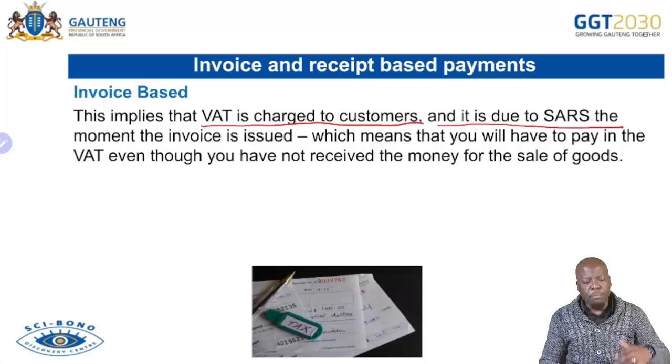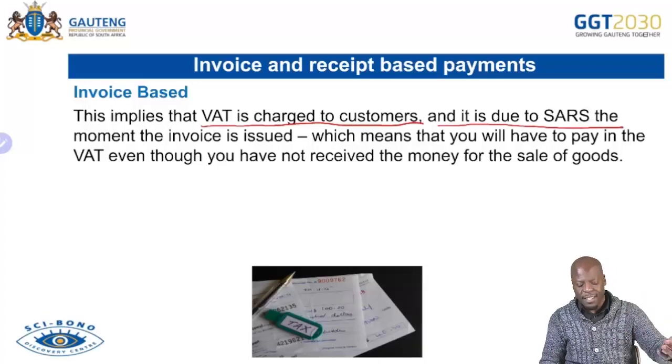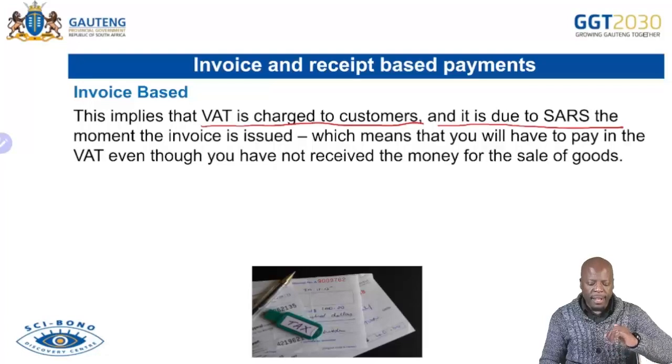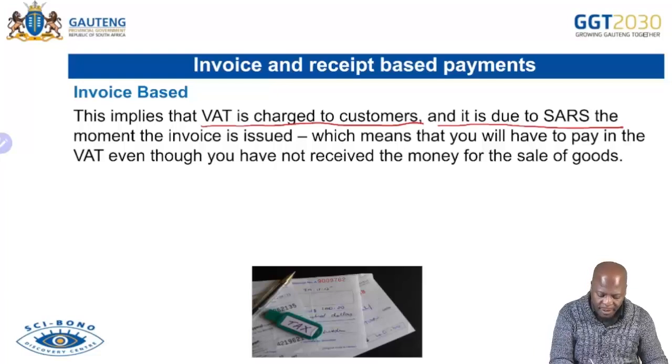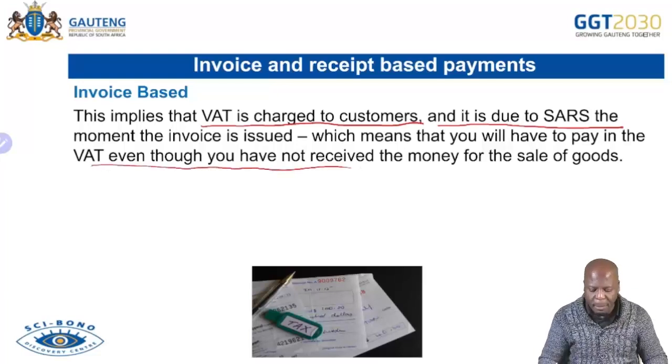The moment an invoice is issued, so we are selling goods to our customers, the moment we write them an invoice, we consider that SARS is being owed by us as a business. In other words, VAT is already due to SARS the moment we issue an invoice, which means that you have to pay the VAT even though you have not yet received the money.